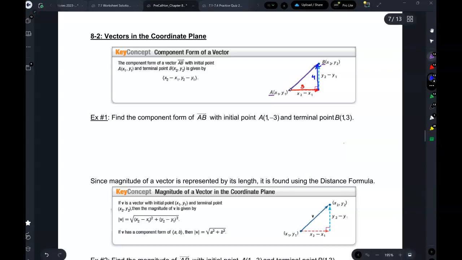So we say this vector AB can be written in component form in these, I call them, triangular brackets. They're just pointy brackets. So if we go over 3 units horizontally and 4 units vertically, then this notation, vector AB equals <3, 4>, is called the component form of this vector.